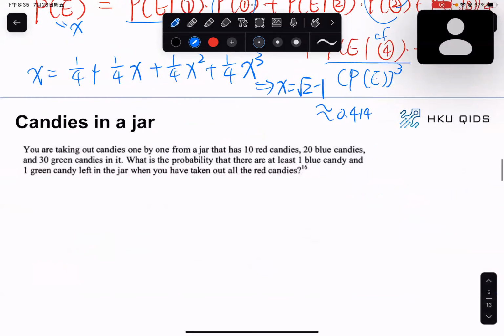So we need to introduce one classic philosophy here. Let's first read the question. You are taking out candies 1 by 1 from a jar that has 10 red candies, 20 blue candies, and 30 green candies in it. What is the probability that there is at least 1 blue candy and 1 green candy left in the jar when you have taken out all the red candies?